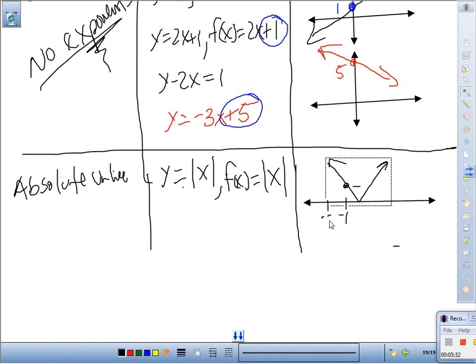What if I substitute negative 2? What is the output of the absolute value of negative 2? Positive 2, so it's right there. How about over here? If I substitute positive 1, what do I get out? Positive 1. If I substitute positive 2, what do I get out? Positive 2. So what does that mean? That all values, doesn't matter what I substitute in there, aside from 0, they're always going to be positive. That's why it becomes a V.